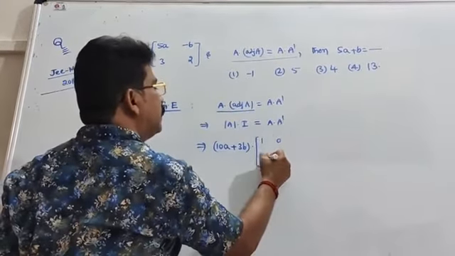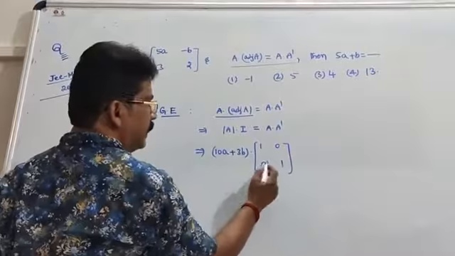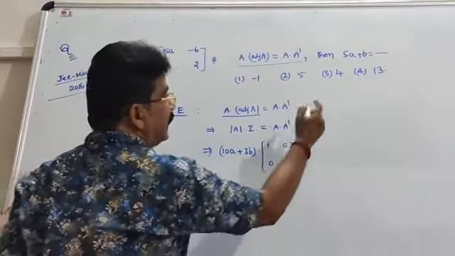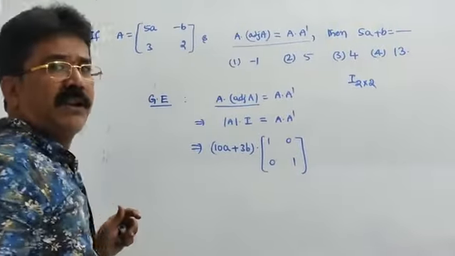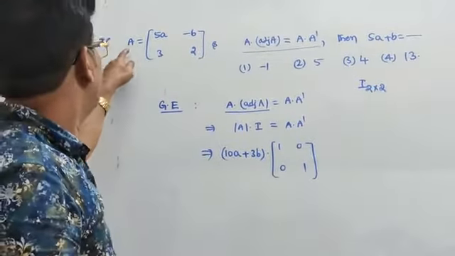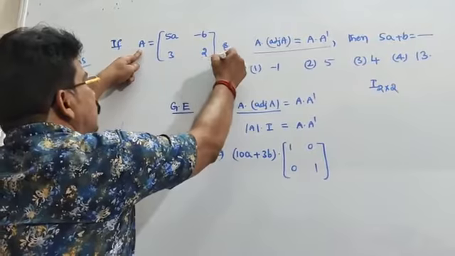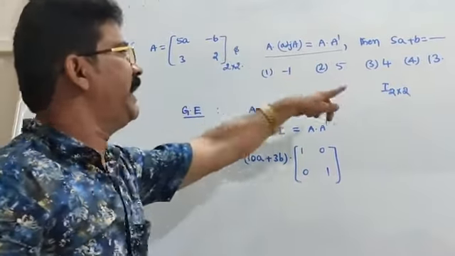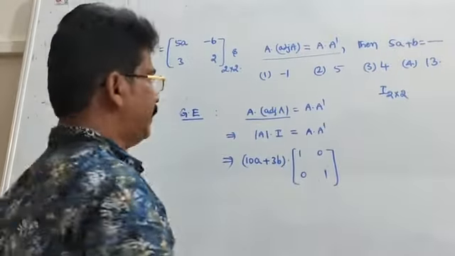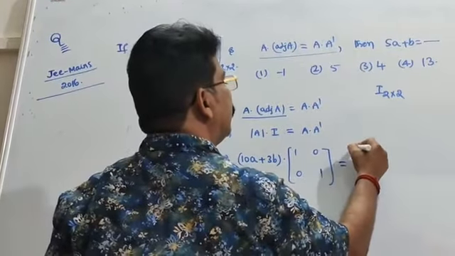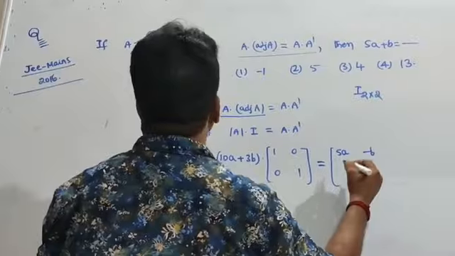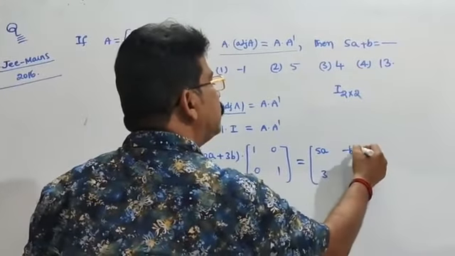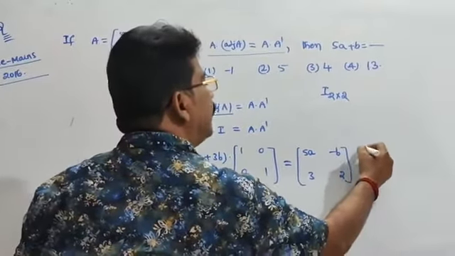I is 1 0 0 1. It is to be understood that I must be 2 by 2 for no loss of generality, because capital A is a 2 by 2 matrix. Therefore definitely I will be a 2 by 2 matrix, and that is equal to capital A, 5A minus B, 3, 2, into A transpose.